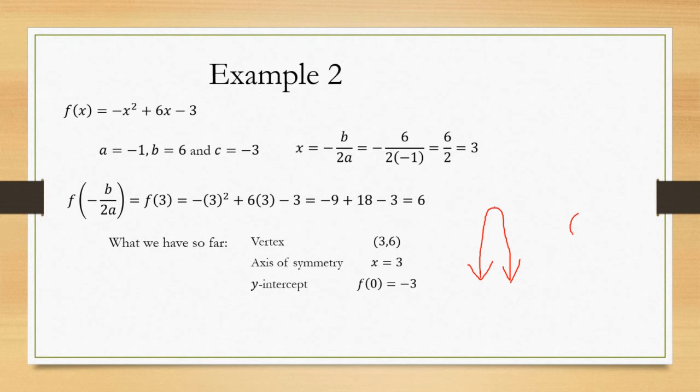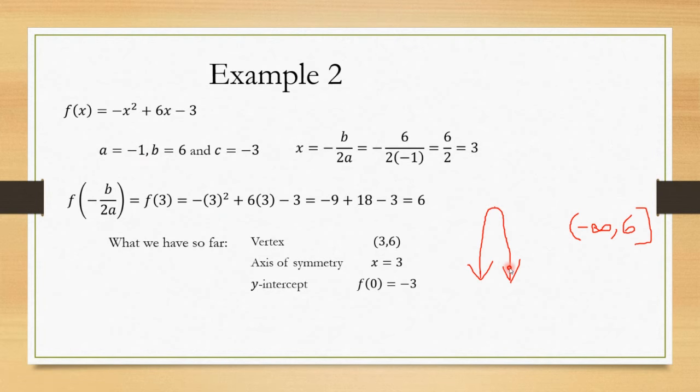So the range right away we would get is minus infinity, comma, 6, a half open interval. We'll see that in the graph, but I'm just showing you right away we can figure out what the range is.